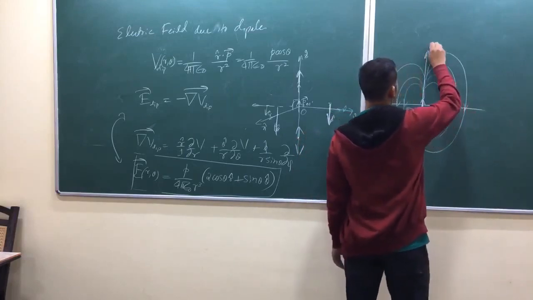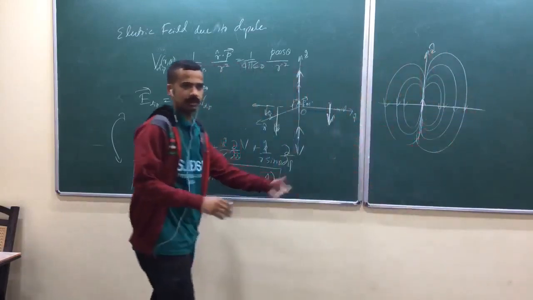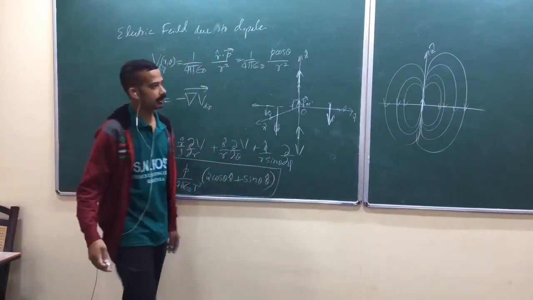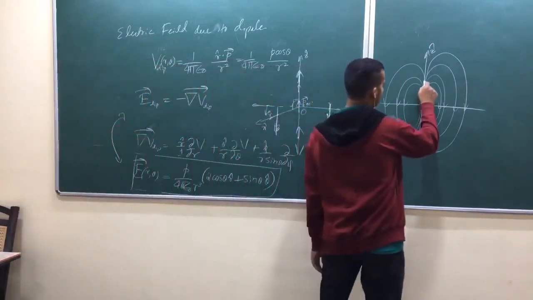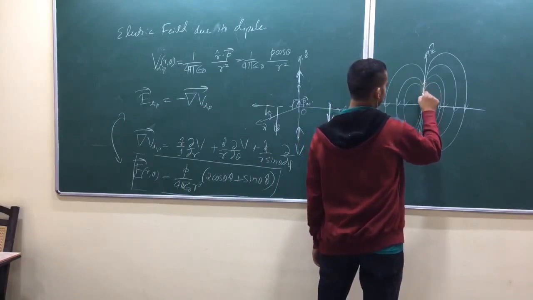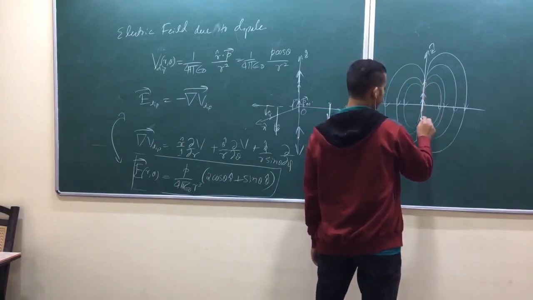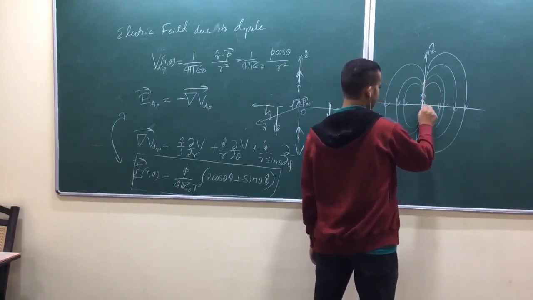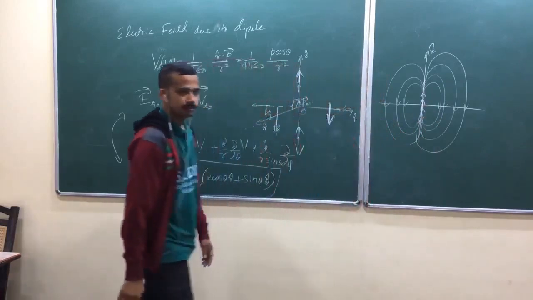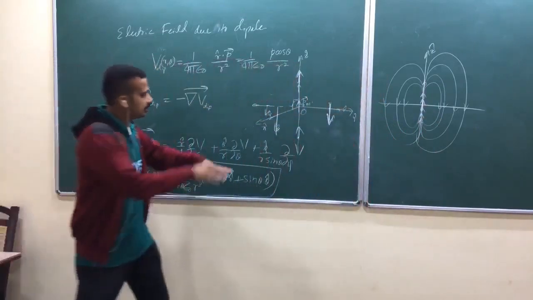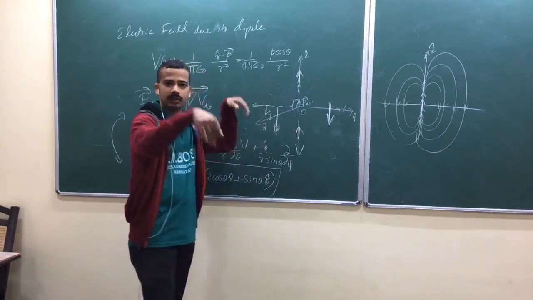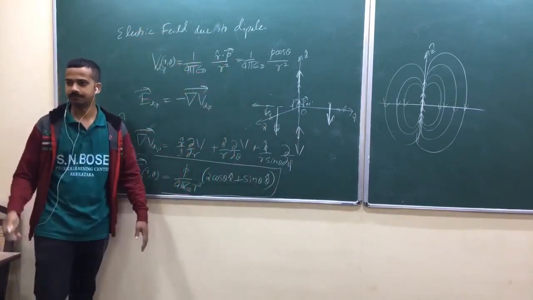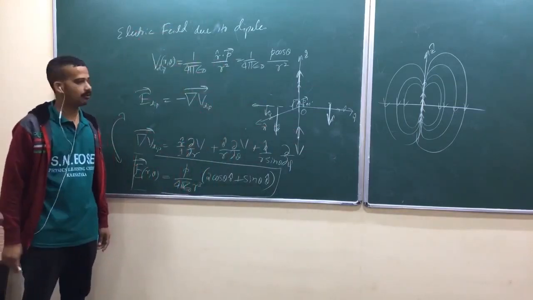So this is z cap, this is any other one, x or y axis, it doesn't matter. So wherever you are on z cap, you will get electric field along this direction. Wherever you are along minus z cap, your electric field is like this. On the xy plane, your electric field is downward, wherever you take.